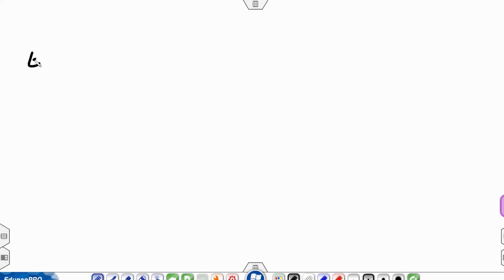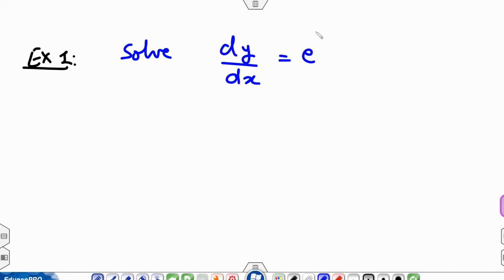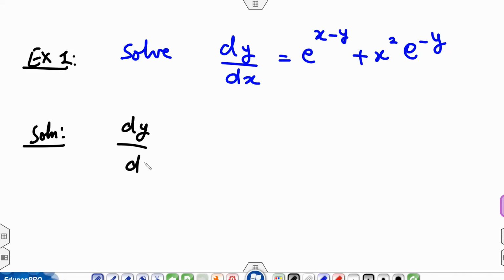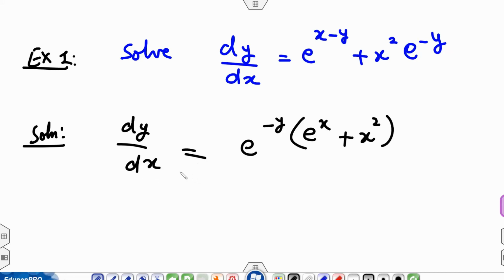So our example 1, that is, if I ask you to solve the differential equation dy by dx is equal to e to the power. Okay, now just see that my differential equation can be written as this. So now you can see that this is purely a function of y and this is purely a function of x.